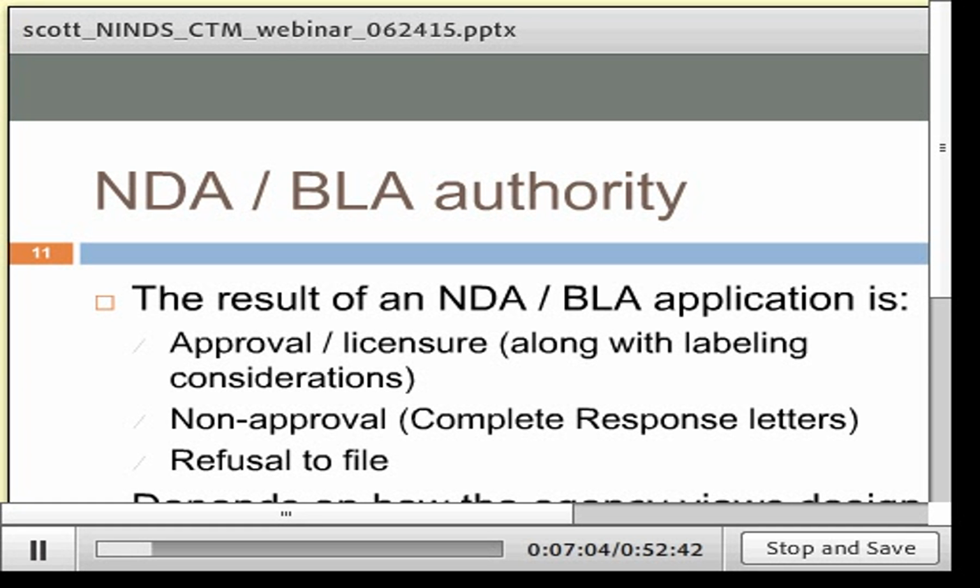And the third possibility is that the application isn't even filed by FDA. If FDA on initial review feels that the application isn't complete enough to review adequately, sometimes they won't review it. Now, which of those 3 outcomes someone gets obviously depends quite heavily on how FDA views and interprets the design and conduct, especially of the phase 3 or the confirmatory studies that support that application.